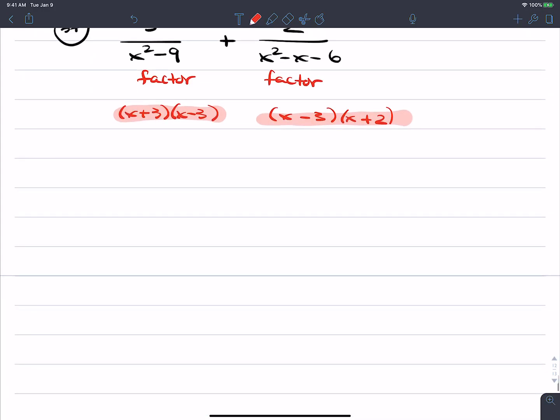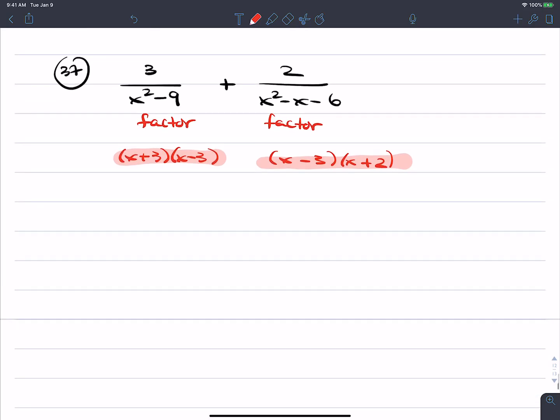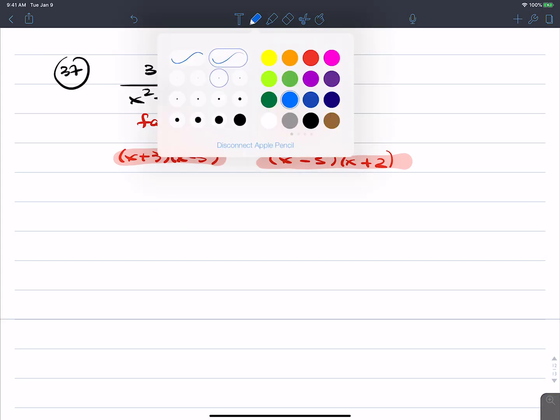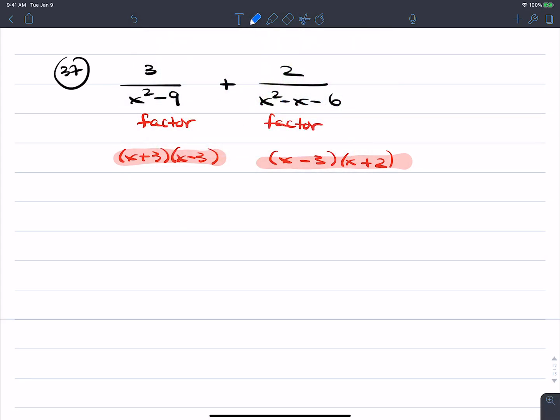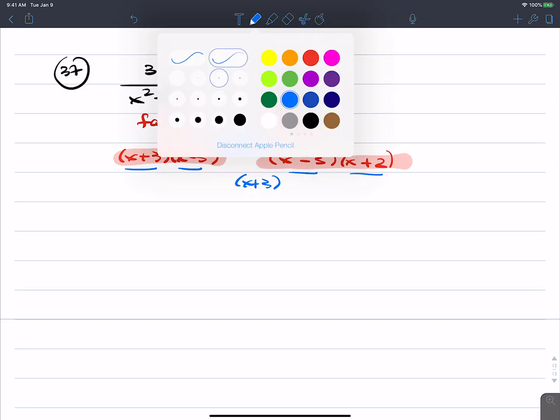Now again, we can compare these terms like we did before. We have an x plus 3, and we don't have an x plus 3 over here, so we'll put it there. We got an x minus 3 and an x minus 3. We don't have an x plus 2 for this first term, so let's be very careful here, and let's write this down.